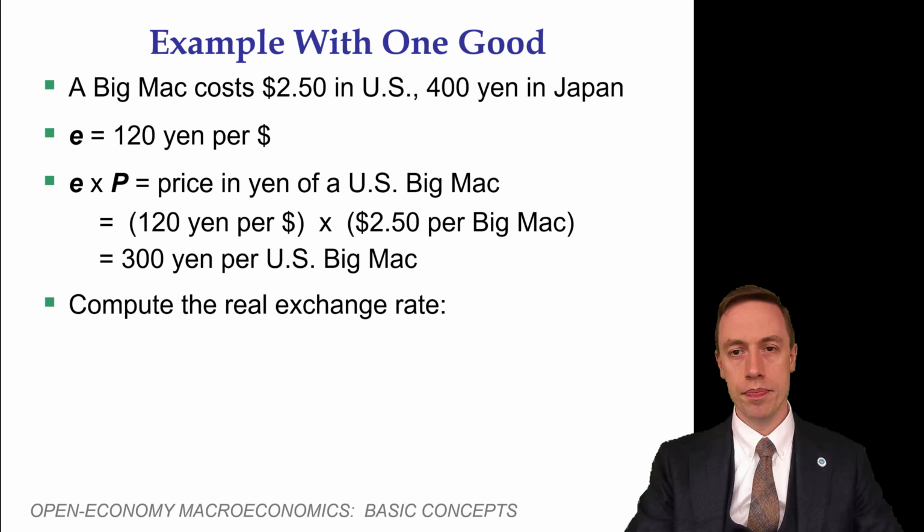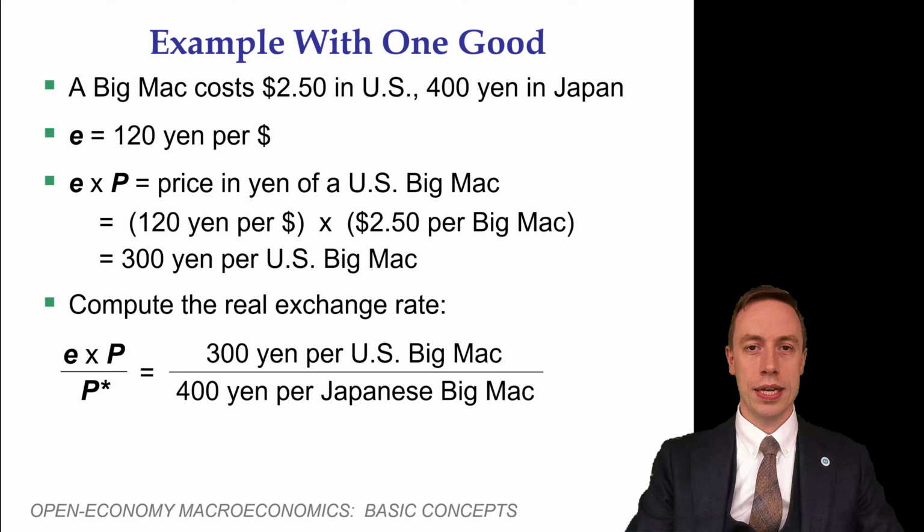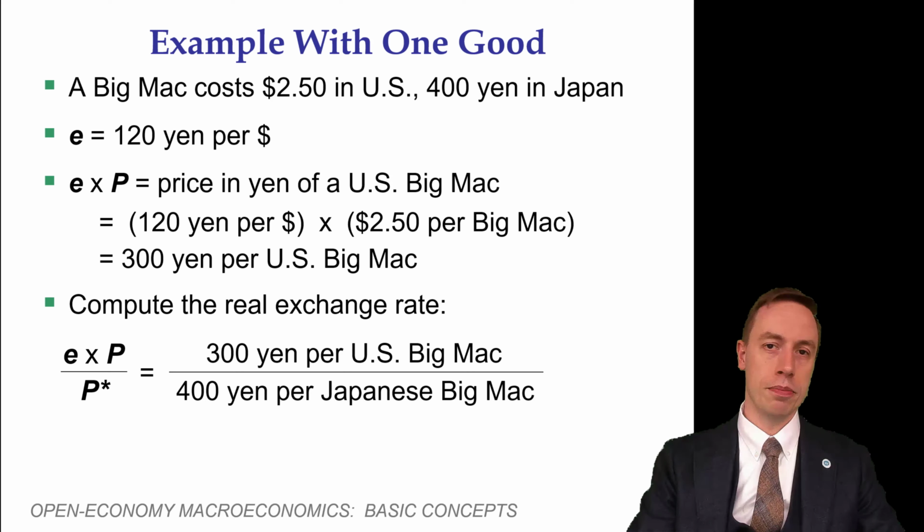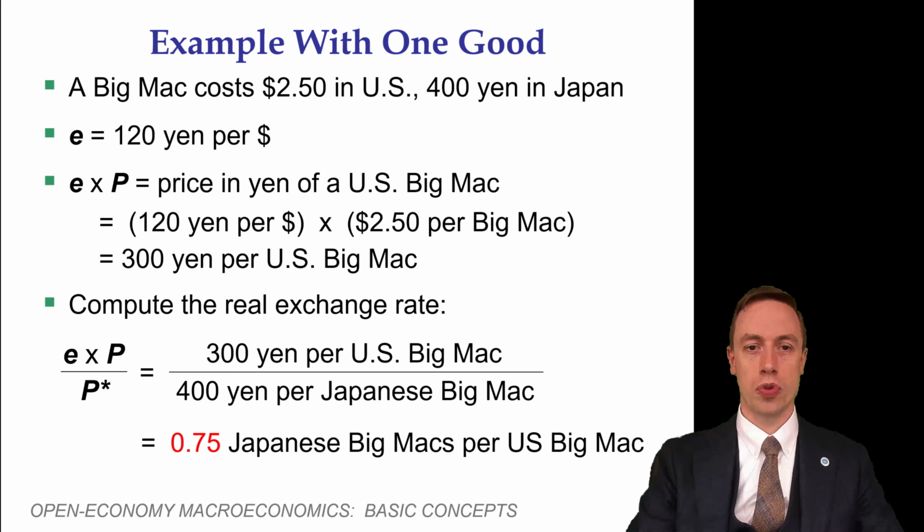E times P divided by P star. So we're taking the price of the US Big Mac in yen and dividing it by the price of the Japanese Big Mac in yen. 300 divided by 400. This is of course a relative price once more. And the relative price of those two products is 0.75.